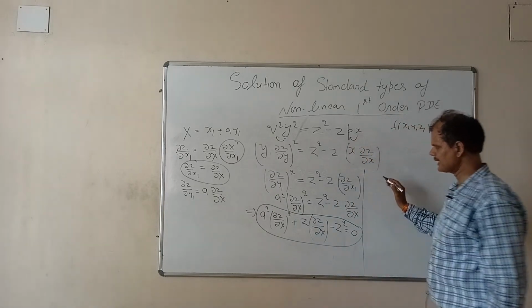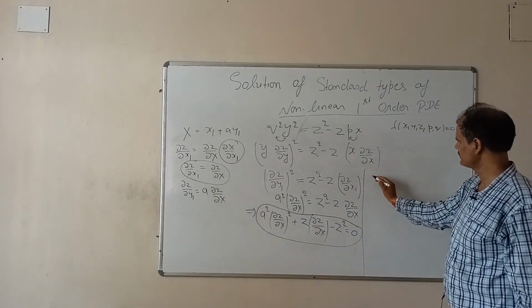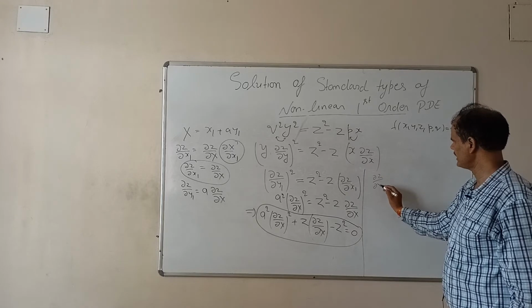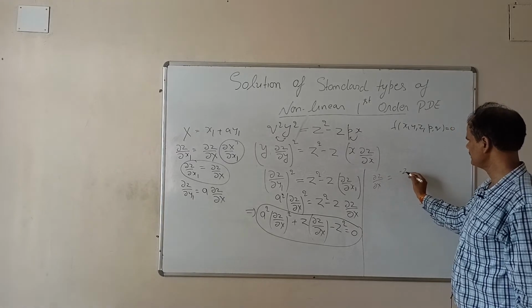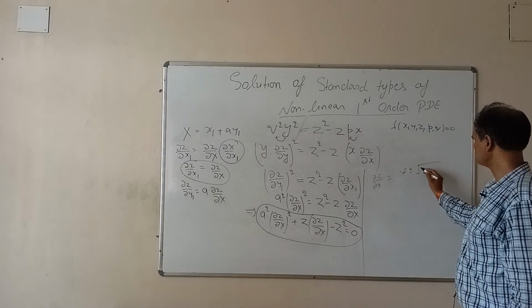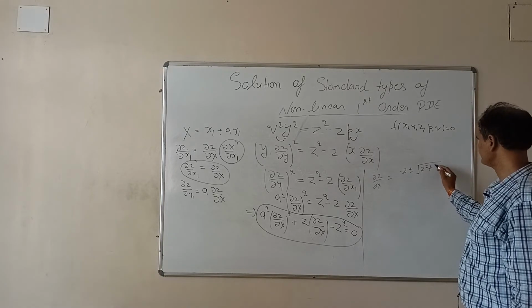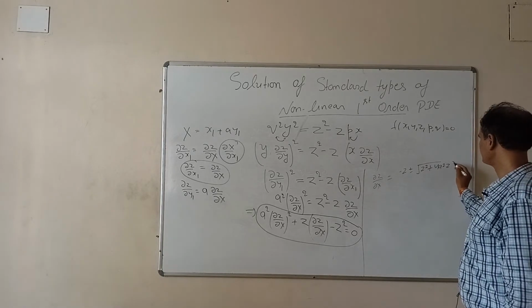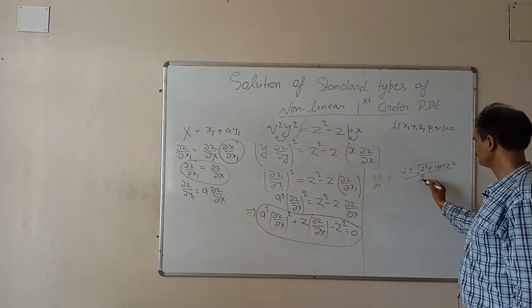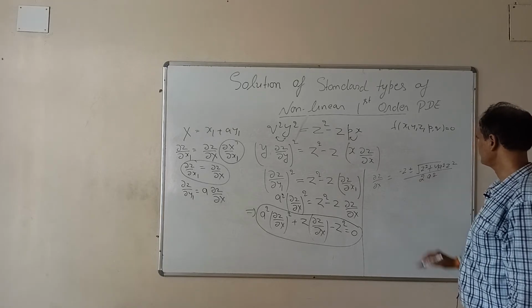I can have del z by dX equal to minus b plus minus root of b square minus 4ac, so minus z plus minus root of z square plus 4a square z square, upon 2a square.